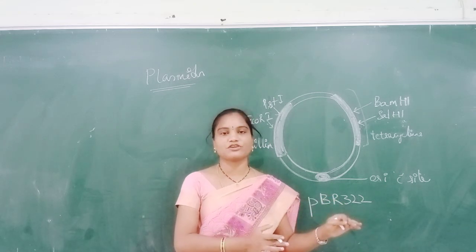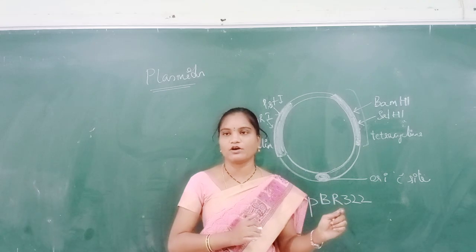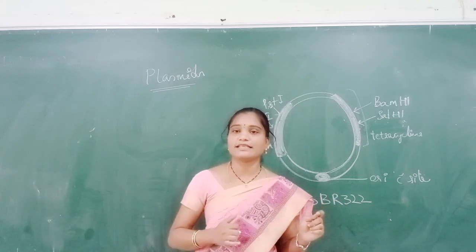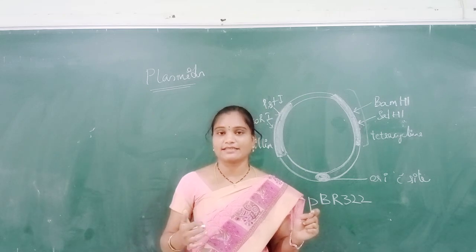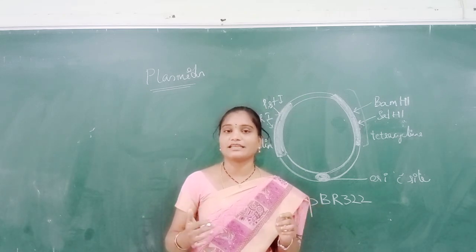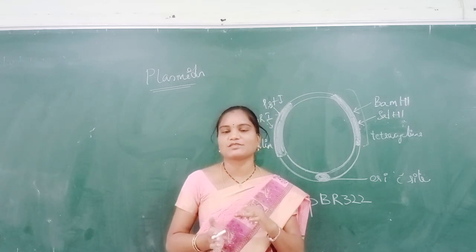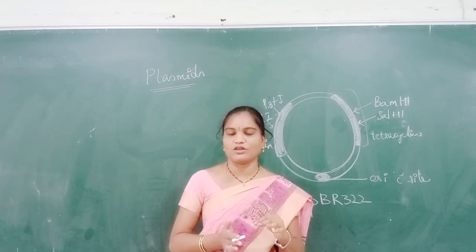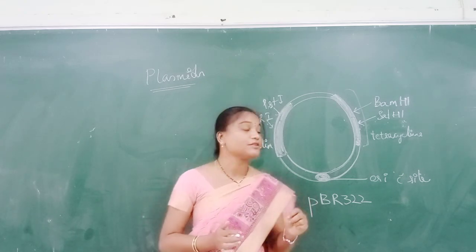Once it is introduced for cloning purposes in the host organism, that is E. coli, in this session you will be learning about the different characteristics, the criteria that make your plasmid a vector DNA molecule, and how it is used as a vector molecule, right?